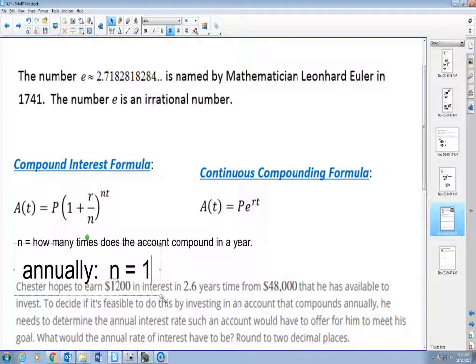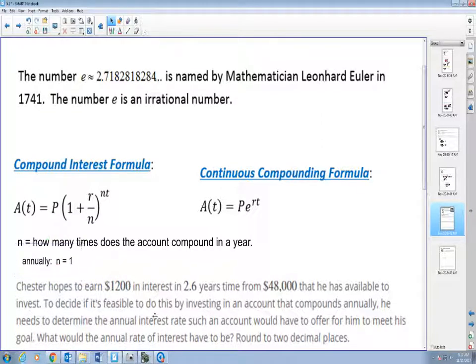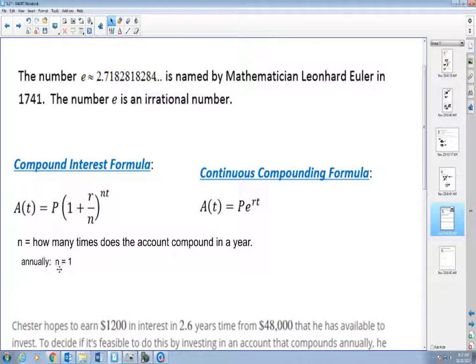It compounds once in a year. The account rolls over once in a year. What that means is the account will automatically take your principal plus the interest you earn and roll into the following year. Your account matures once a year.